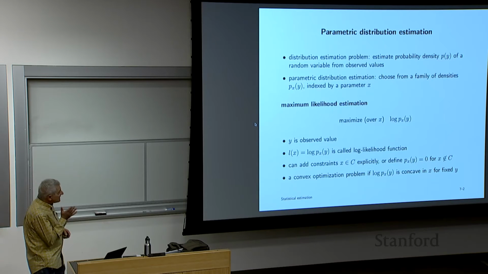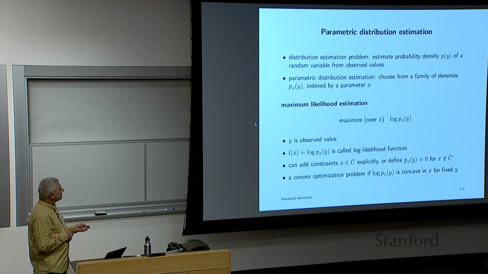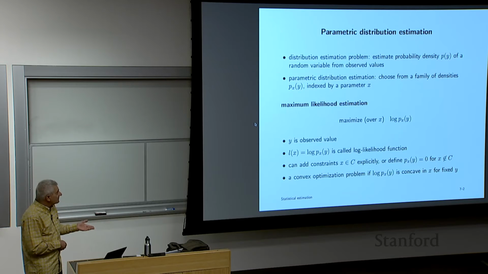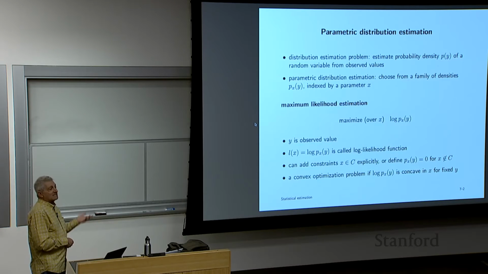And you can add constraints to this. For example, if this is a scalar Gaussian distribution with mean mu and standard deviation little sigma, then little sigma has to be positive. Otherwise it makes no sense at all. So you would add that as a constraint, or simply define the likelihood to be 0.